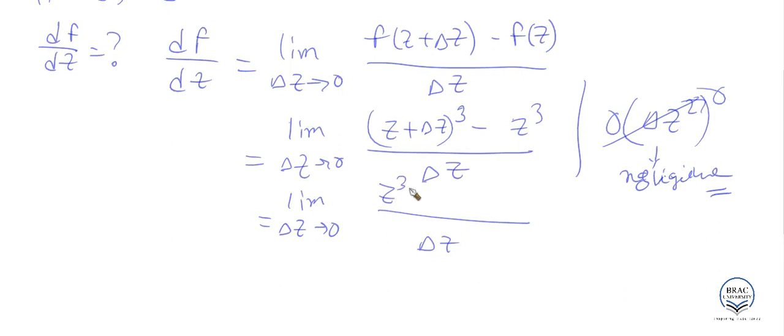This gives us z cube plus 3 z square del z, and then we have 3 z del z square, oh sorry, there should be a z over here, and finally you have del z cube minus z cube.